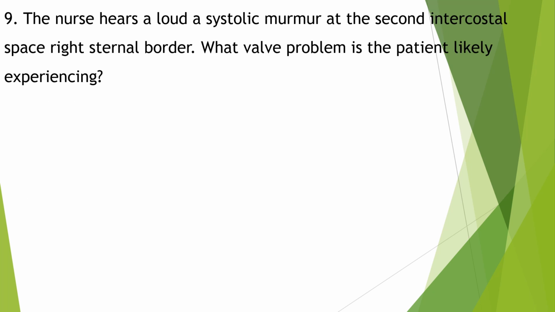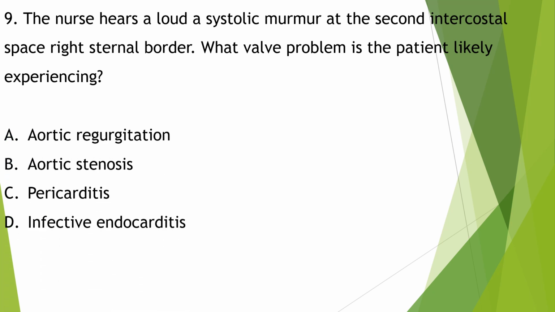The nurse hears a loud systolic murmur at the second intercostal space right sternal border. What valve problem is the patient likely experiencing? Aortic regurgitation, aortic stenosis, pericarditis, infective endocarditis. The patient is experiencing aortic stenosis.